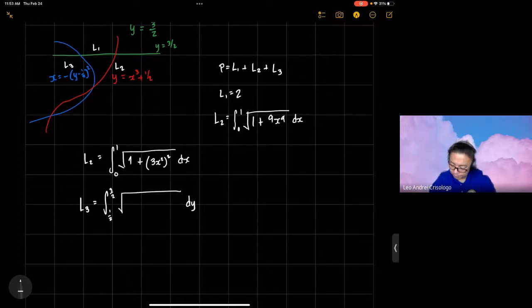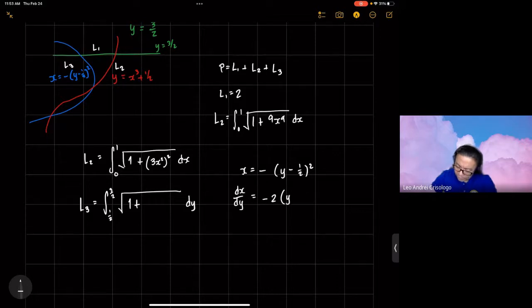So ano ba to? Formula 1 plus, then we'll have to get dx over dy. Ano ba yung function natin? So x is equal to negative y minus 1/2 quantity squared. So dx over dy is negative 2y minus 1/2.